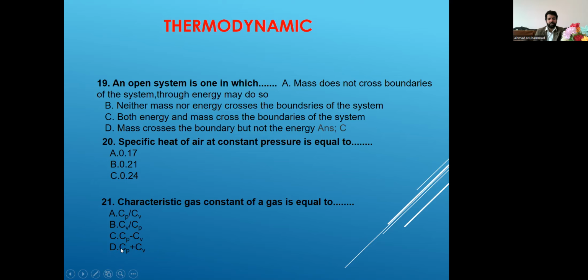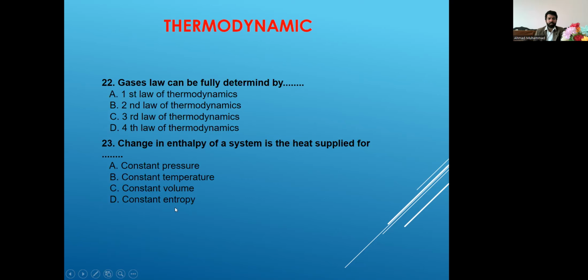And D is molar heat capacity at constant pressure plus molar heat capacity at constant volume. So the right option is option C, since molar heat capacity at constant pressure minus molar heat capacity at constant volume is equal to the gas constant R.